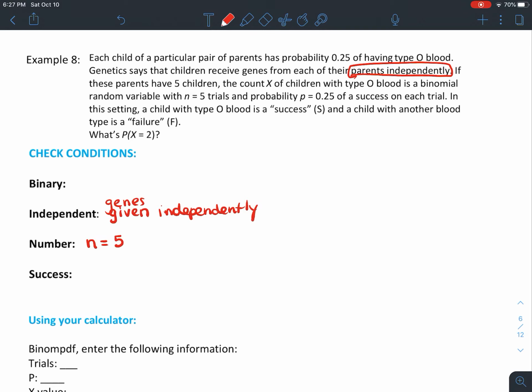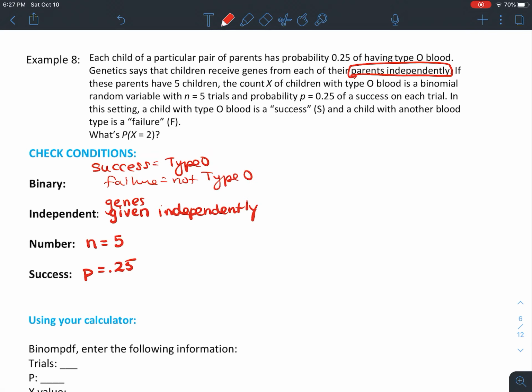It says the count X of children with type O blood is a binomial random variable with n equal 5 trials, probability of a success, that's the 25%. So a success is defined as having type O blood and a failure is not type O blood.